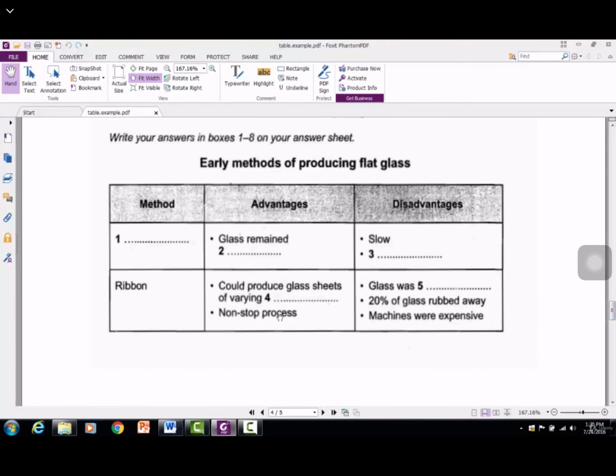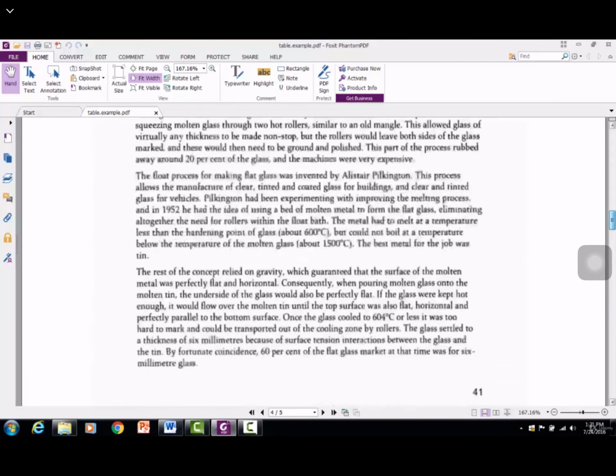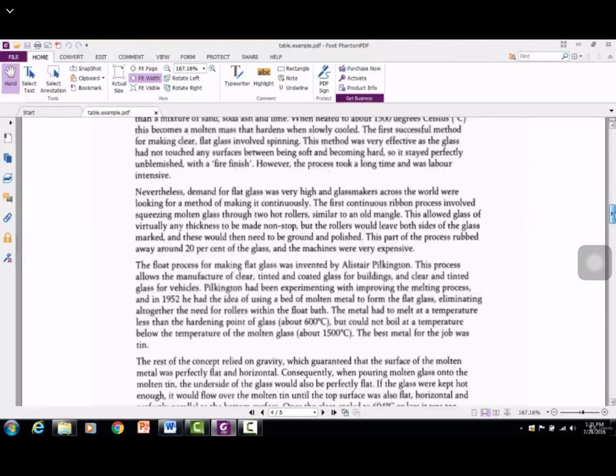And number 5, we have nonstop process. And number 5, the glass was blank. 20% of glass rubbed away, all right? What was the glass? It should come before 20%. There's 20%. There's nonstop. Okay, so it has to be in between there.